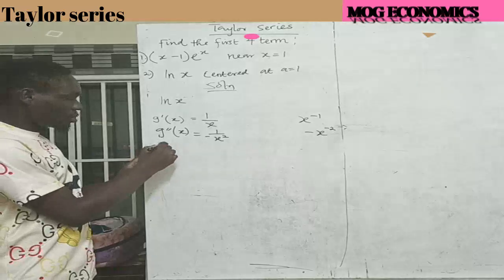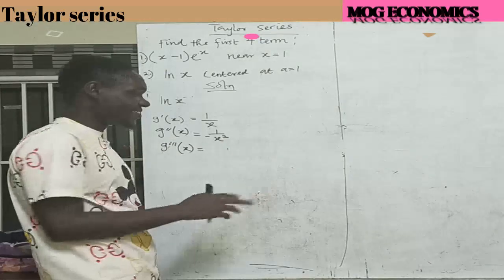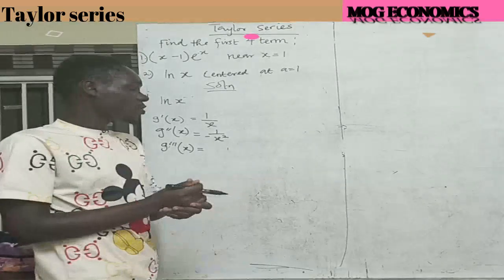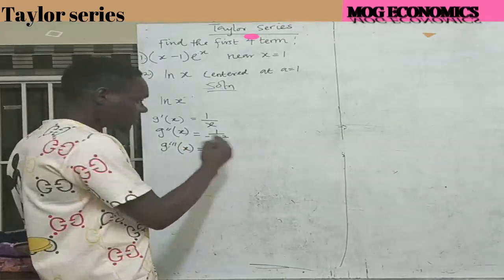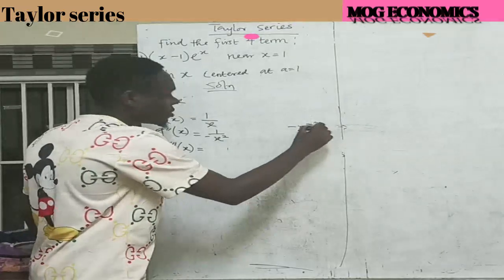So then the third order differentiation, the third derivative. We are going to differentiate this again. Now, this can be expressed this way.